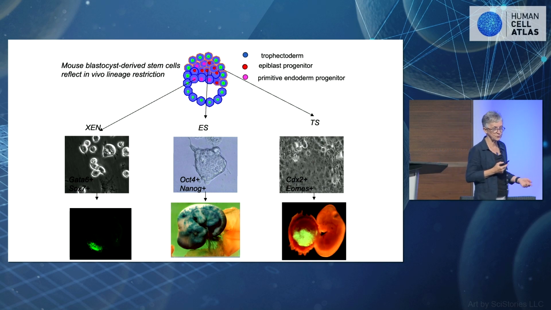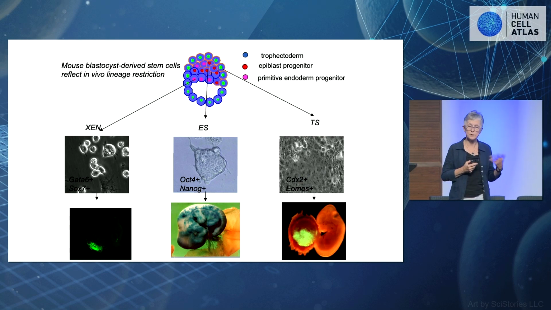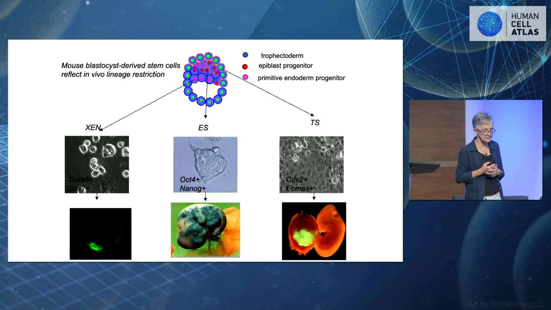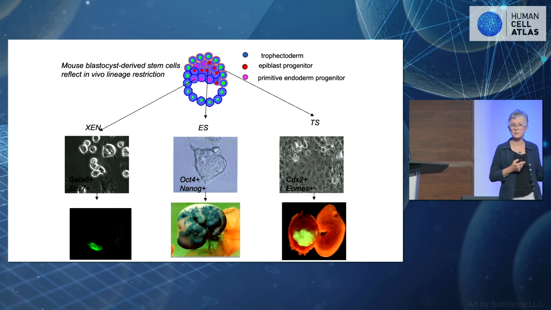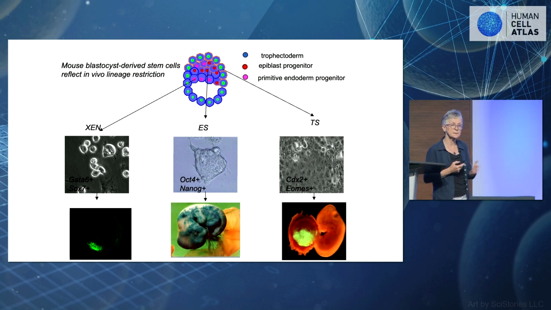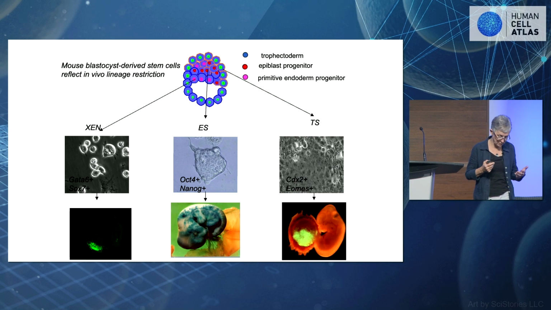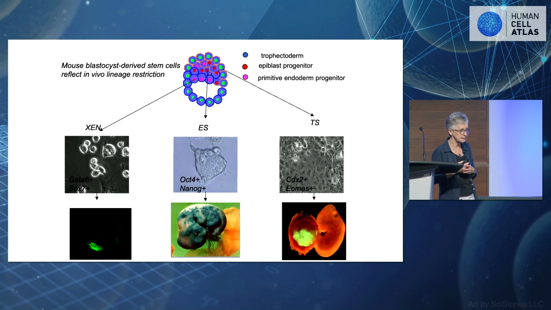But my lab showed that you can derive permanent stem cell lines from the trophoblast as well. We call them TS cells. And then we can also derive from the primitive endoderm what we call XEN cells. These 3 cell types can be maintained as proliferating stem cells. They require specific growth factors that reflect what the embryo uses to maintain them. Take away the growth factors, they differentiate.